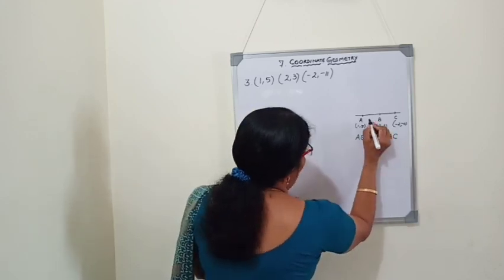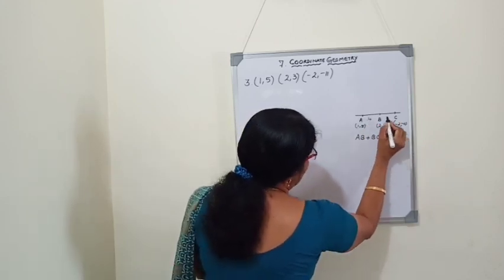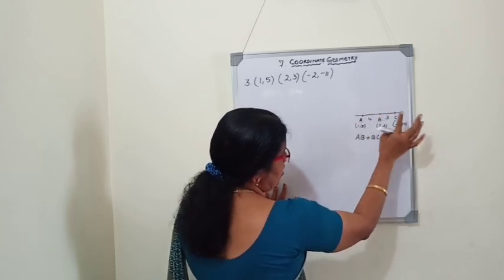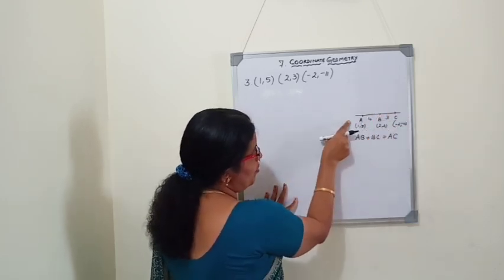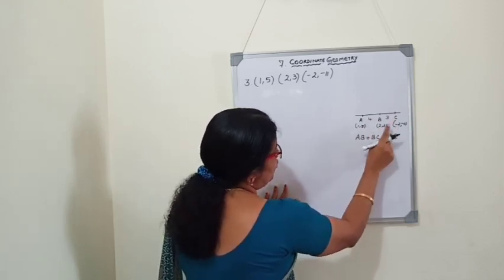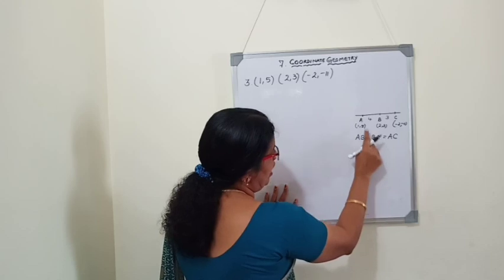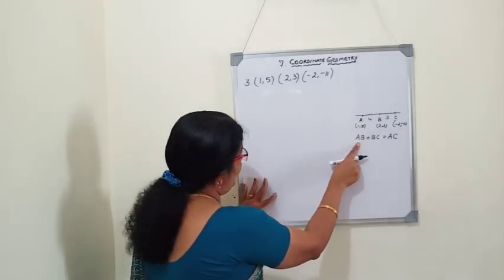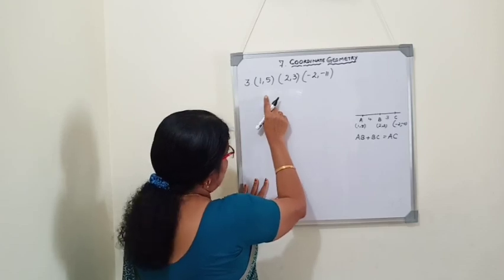For example, if AB is 4 cm and BC is 3 cm, what is AB plus BC? So to prove that these 3 points are collinear, we have to prove that the sum of the distances AB and BC should be equal to AC. To find the distance, we have to apply the distance formula.